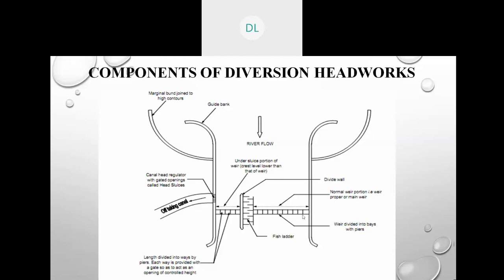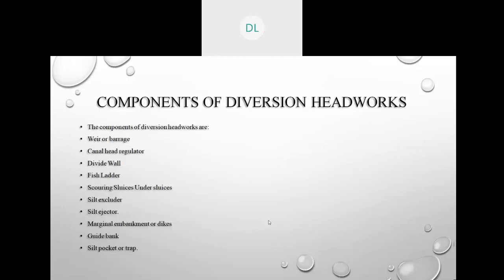This is a structure with a height of say 30, 20 or 25 meters, or sometimes, including the foundation of the weir and barrage, maybe 40 meters. With a structure that big, the flowing water will get impounded here. If we are creating a weir, a wall here, and we take a section here, if you draw a section over here, then what will happen?